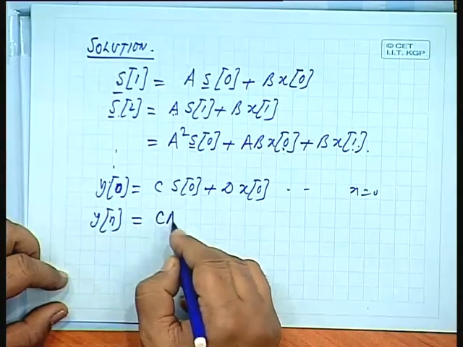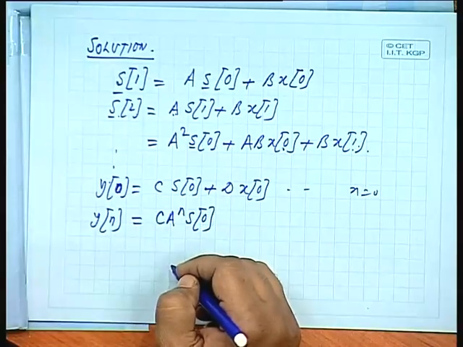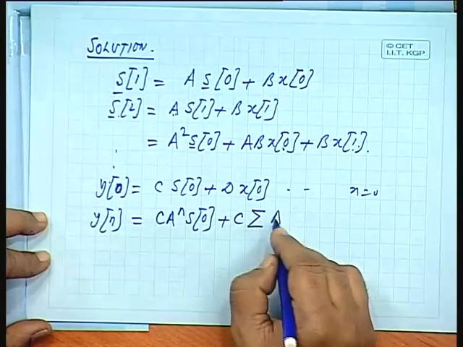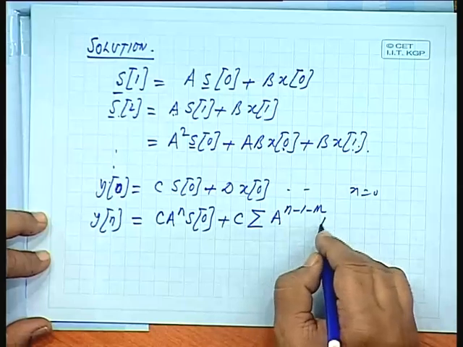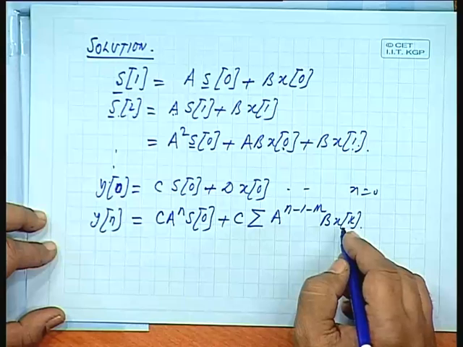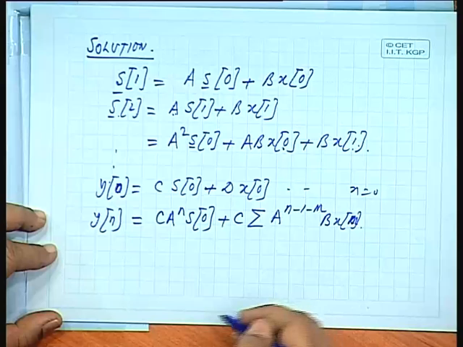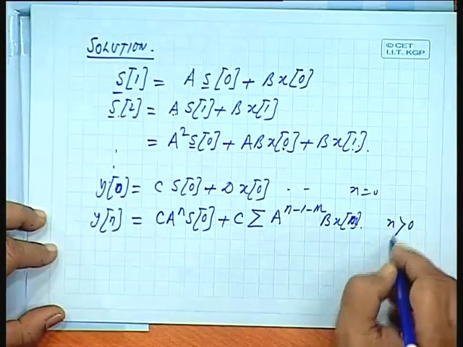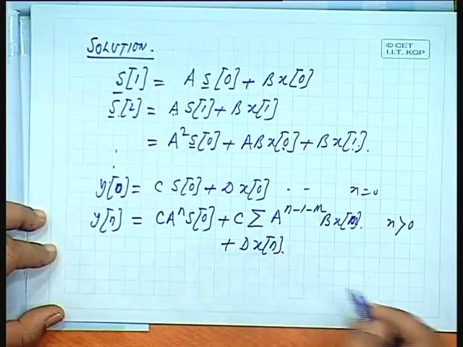So, C A to the power n S naught plus C sigma A to the power n minus 1 minus m B x k, I should write k, m, for n greater than 0, plus the D term, D x n.